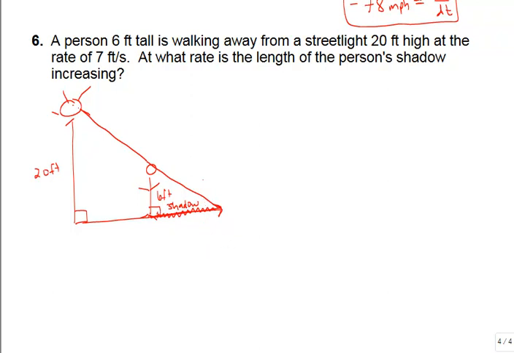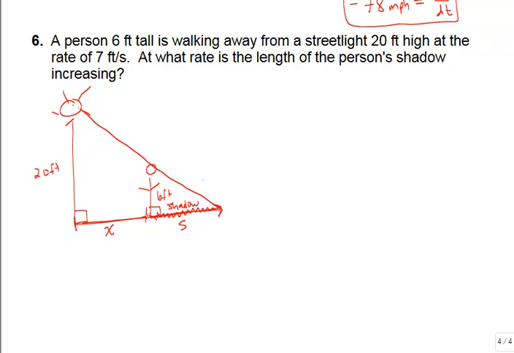As he walks away at a rate of 7 feet per second, that shadow length is going to change, so it needs a variable name. Let's call it S. And the distance between the person and the light is changing at that 7 feet per second. So this distance between the lamp and the person also changes over time. So let's call it X.